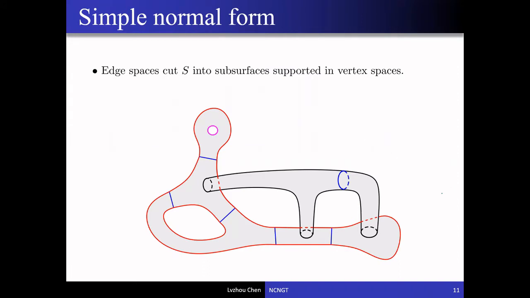We can make the surface transverse to all edge spaces up to a homotopy. Then the preimage of the union of all edge spaces gives us a collection of proper arcs and embedded loops that are disjoint from each other. Cutting along these blue parts, namely the preimages, we can decompose the surface into small pieces, and each component is supported in a vertex space.